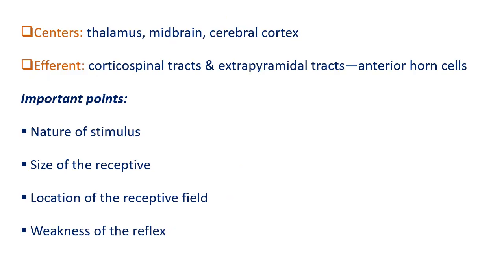The center can be the thalamus, midbrain or cerebral cortex, or they go via the thalamus or midbrain to the cerebral cortex. The efferents responsible for the effector muscles are the descending tracts, that is, the corticospinal tract, also known as the pyramidal tract, and then the extrapyramidal tract. These tracts relay on the anterior horn cells of the muscle and thus the response is produced.